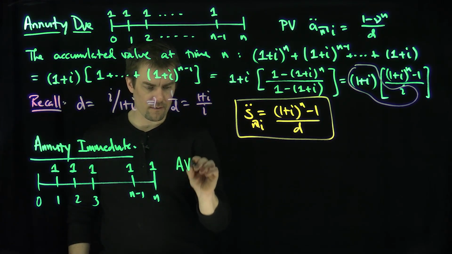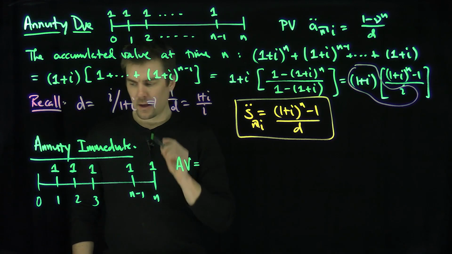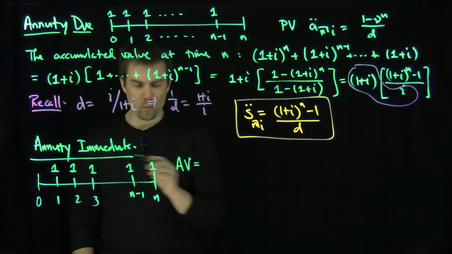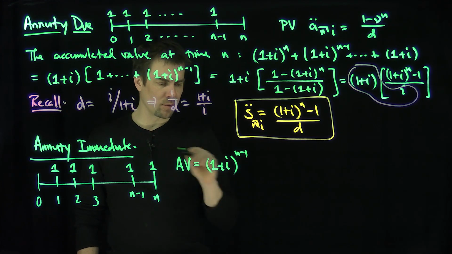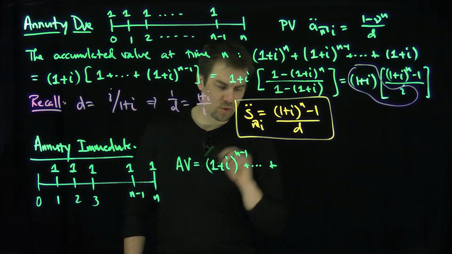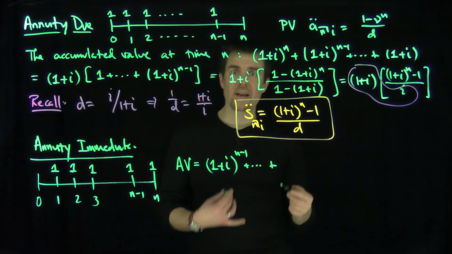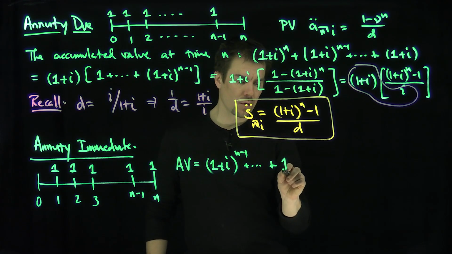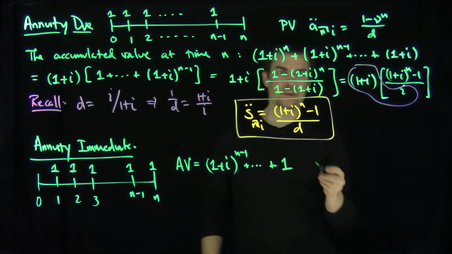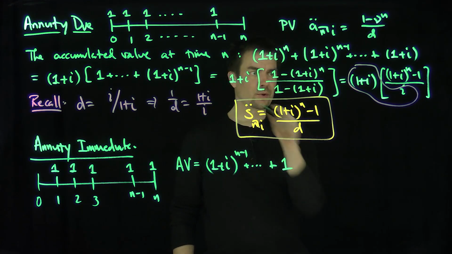The accumulated value at time n: this 1 over here at time 1 has n minus 1 years to accumulate. And then all the way down to what? All the way down to that $1 at time n. At time n, that $1 is just $1. Now I can use the same exact formula over here, and I don't actually have to put this 1 plus i.